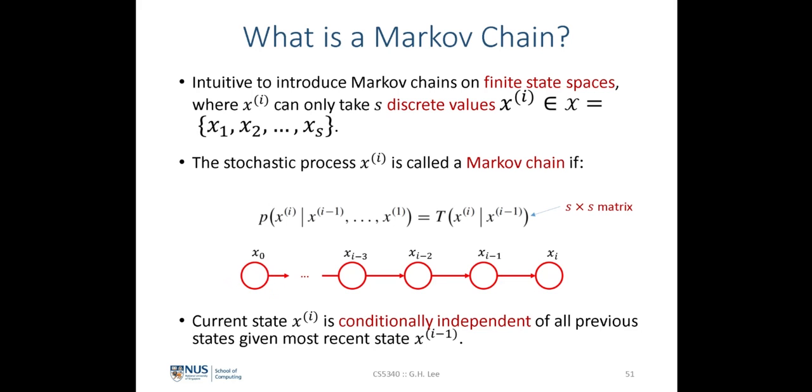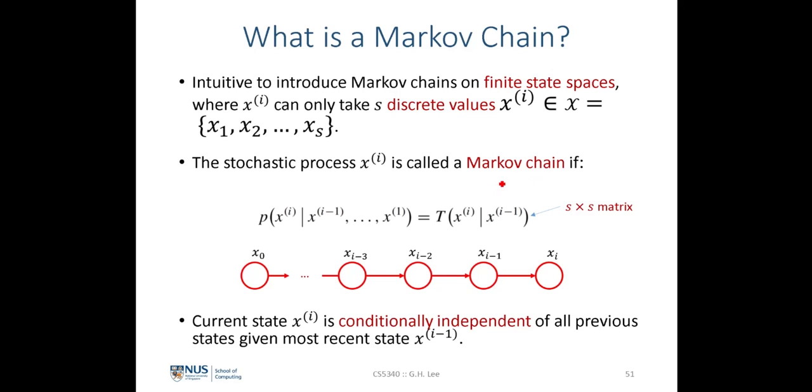And it is intuitive to introduce this Markov chain in the finite state space, where x can take discrete values. That means that I have a random variable x. It can take any one of s number of discrete values, one out of the s number of states. And the stochastic process is called a Markov chain.